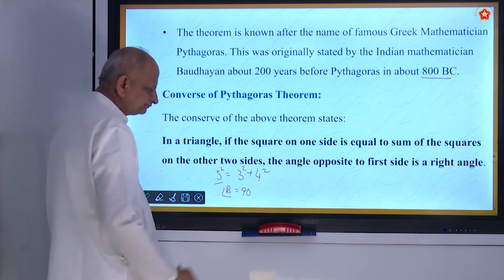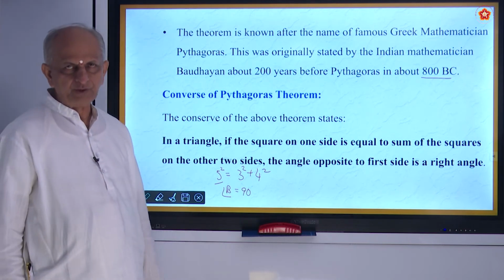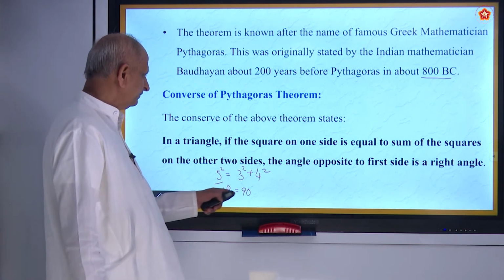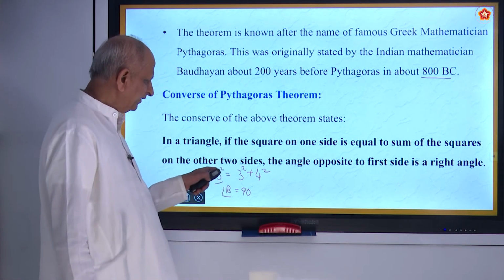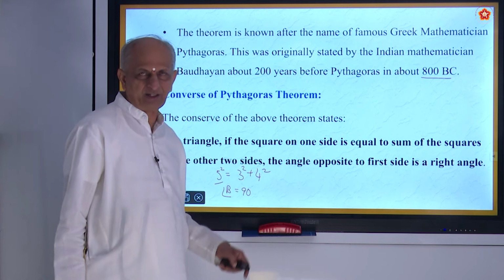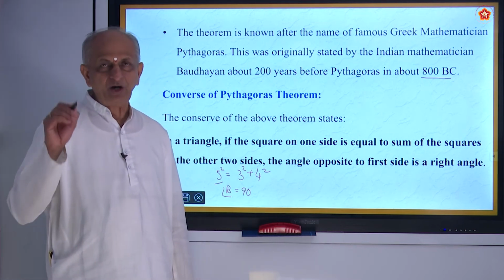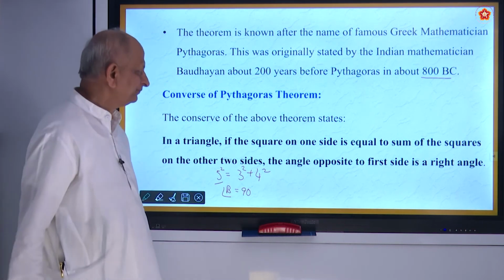That is the meaning. And the sides which form this right triangle are called Pythagorean triplets.